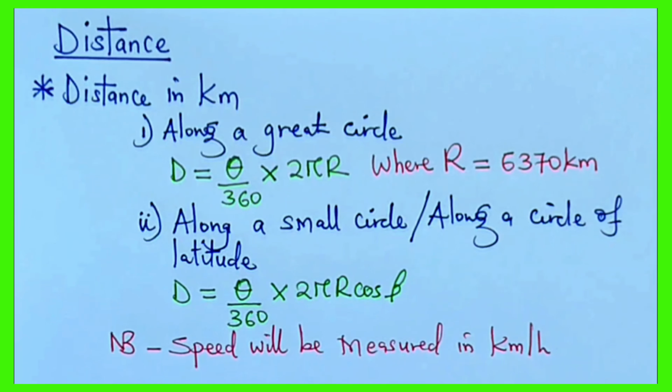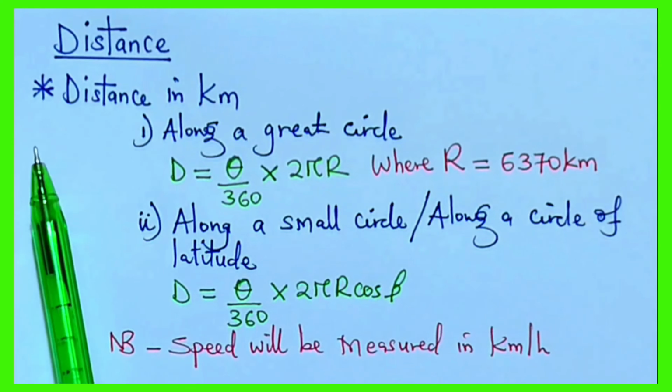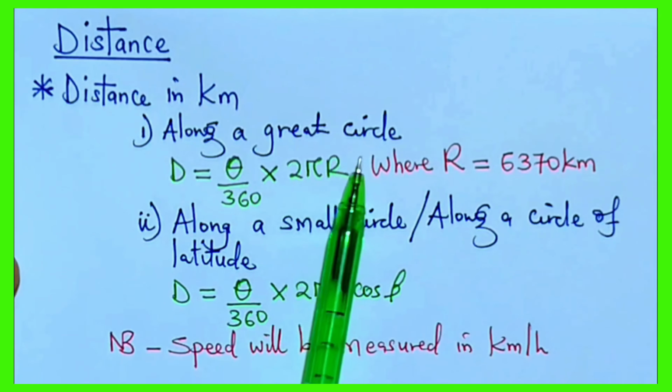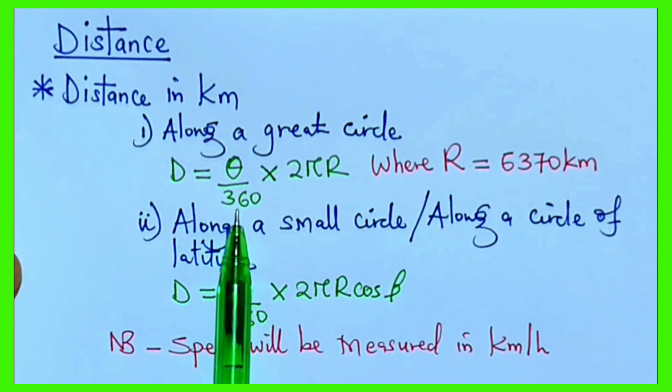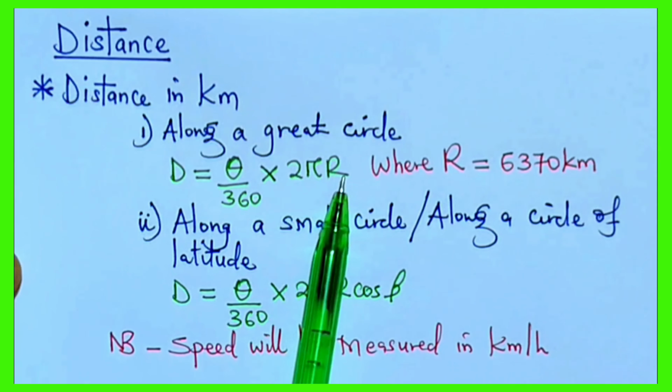Finding distance along the Earth's surface. Now, there are two ways of finding distance that we consider here. And the first one is finding distance in kilometers. And we've got two categories. You're going to find distance in kilometers along a great circle, which is equal to theta divided by 360 times 2 pi r.